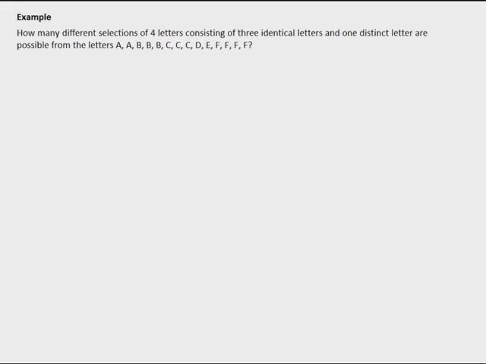How many different selections of 4 letters consisting of 3 identical letters and 1 distinct letter are possible? So I need to pick 3 letters that are identical and 1 other letter that is different from those 3. And how many ways can I do this? So let's again write out how many choices I have of each letter. I have 2 A's, 3 B's, 3 C's, 1 D, 1 E, and 4 F's.